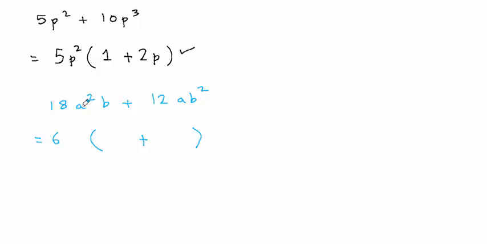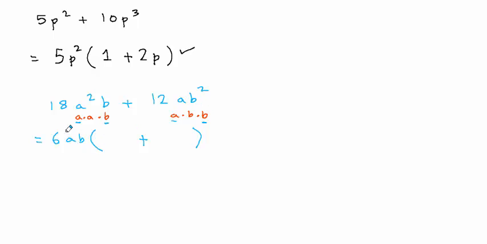And if you look at a squared b, let me just break that down. a times a is a squared, times b, and if you look at ab squared, that's a times b times b. Therefore the common factor between these two is at least one a. We have an a on both of them. We do not have two a's on this one, so do not take this a. Similarly, we have one b on both of them, and therefore we are going to take out a and b and say that the greatest common factor between 18a squared b and 12ab squared is 6ab.